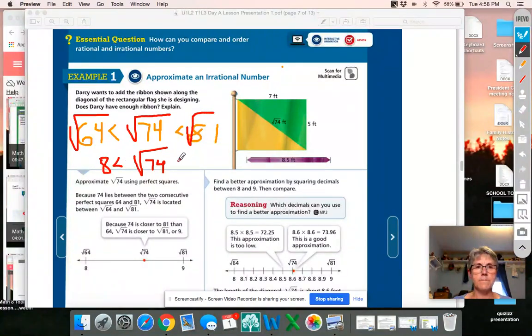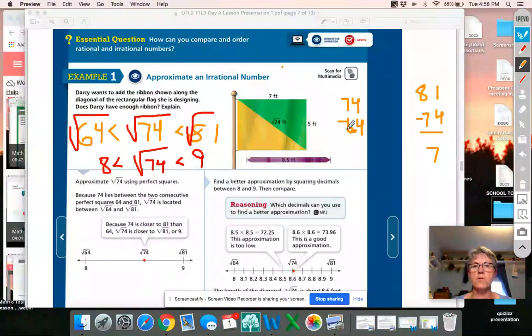Now, the next question we need to answer is, is it closer to 8 or is it closer to 9? Well, 81 minus 74 is 7, and 74 minus 64 is 10.